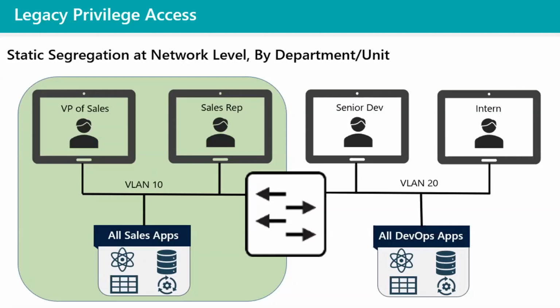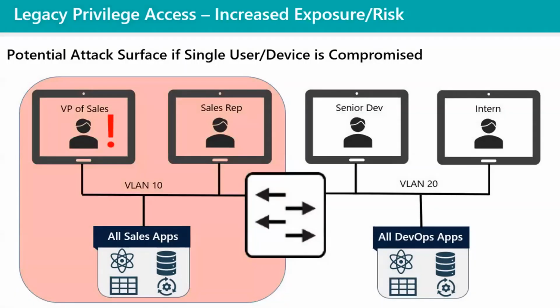And people in other departments, same thing. The problem with that model is that if there's a compromised user device on that VLAN, the attack surface includes the entire VLAN and all the devices and servers and applications and other users. So this is why legacy privilege access is a bad idea.